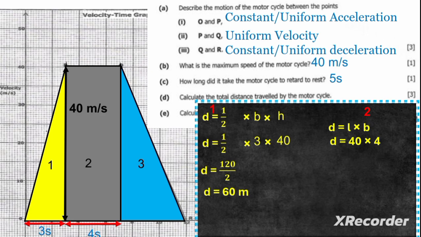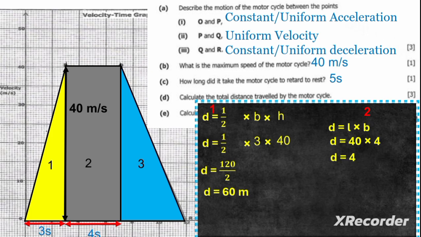And breadth, the time between this point and this point is 4 seconds. So we have seen that 4 seconds is the one representing the breadth. Now let us say 40 times 4.